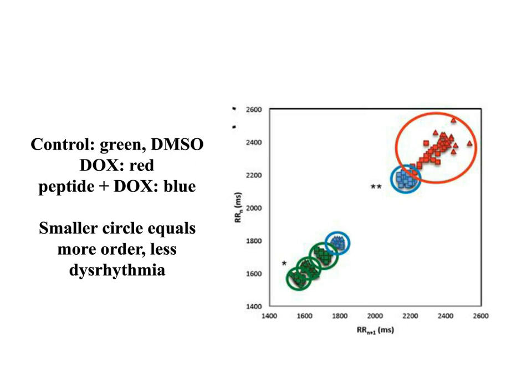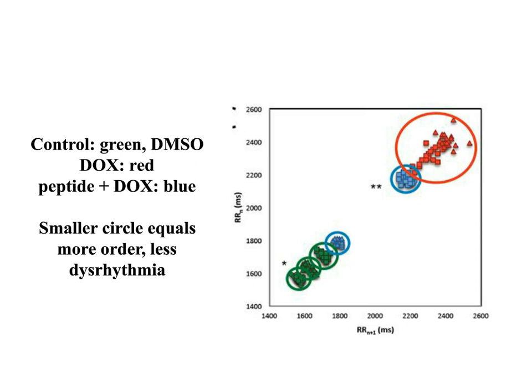So the compound that activates integrin-linked kinase that we designed, the cyclic peptide, was able to correct for doxorubicin-induced arrhythmias. And so it doesn't matter where on this graph you lie per se. What matters is your distribution and how tight it is. And so you can see the definite change from the red to the blue and the correction of the arrhythmia that's induced by doxorubicin by the addition of the ILK activating peptide that we made.